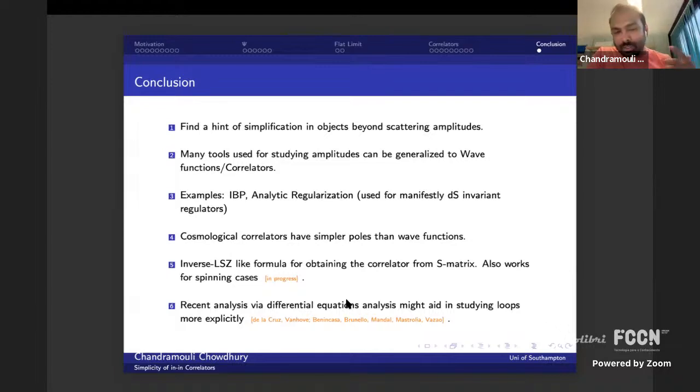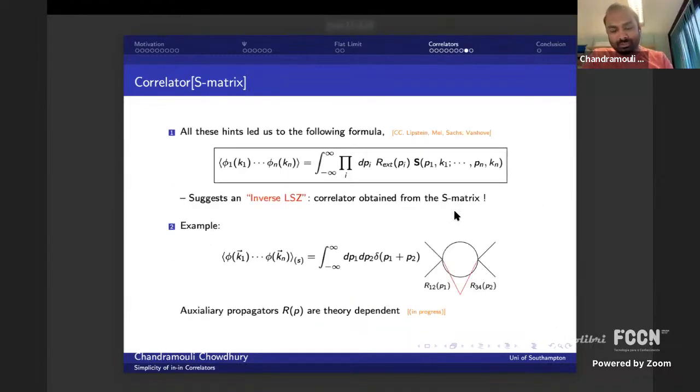And perhaps one nice future direction, of course, is how to better study integrals, which I think is a question many people are interested in. Like I said, there are these differential equations techniques which exist in flat space, and they have more recently been used to analyze cosmological integrals. And I think that's an interesting approach, which could be applied to this new formula that we have here.